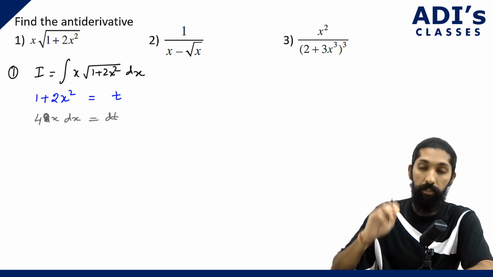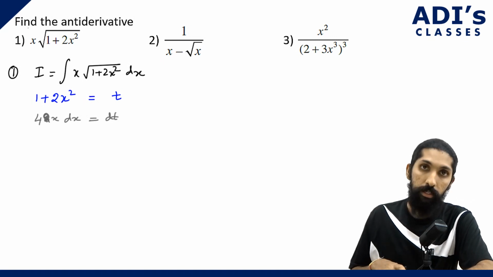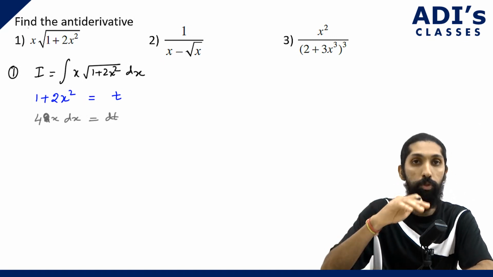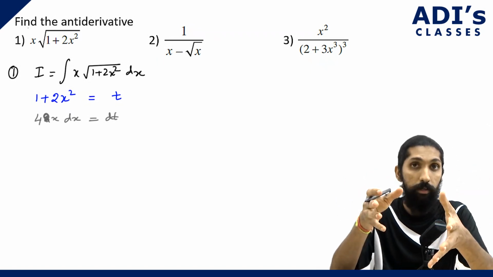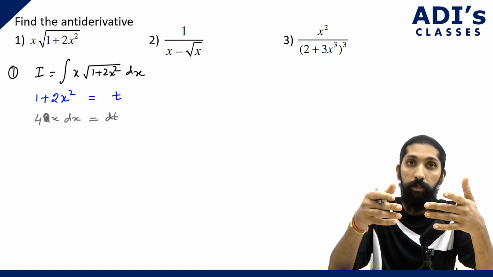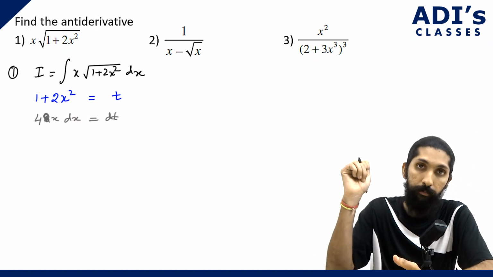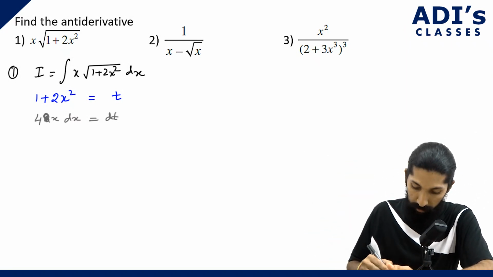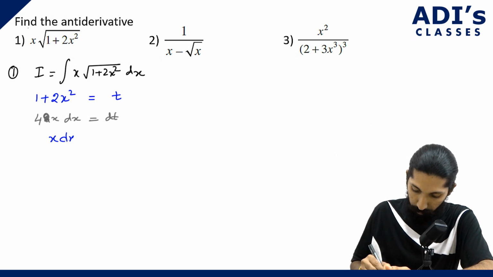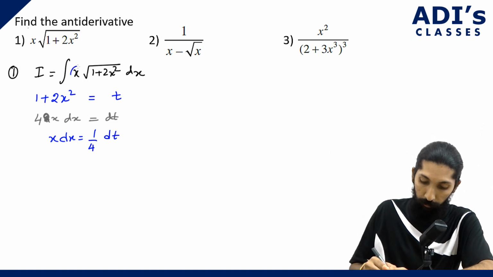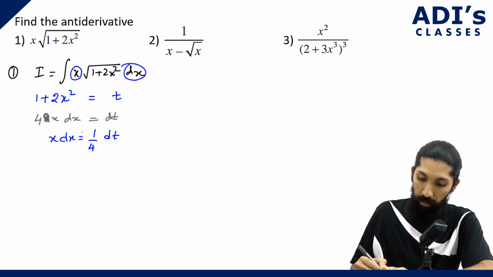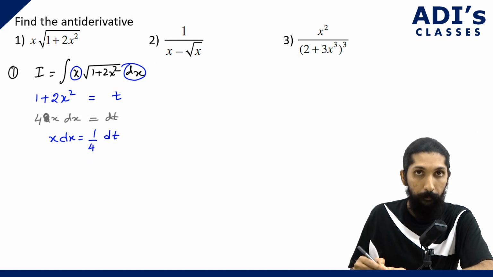So, rather than taking just x square as t, you might as well take 1 plus 2x square as t. Because if you take 1 plus 2x square, then directly you are going to get 4x dx is equal to dt. In the sense, x dx is equal to 1/4 of dt. Correct? So, in place of x dx, you can put 1/4 of dt.